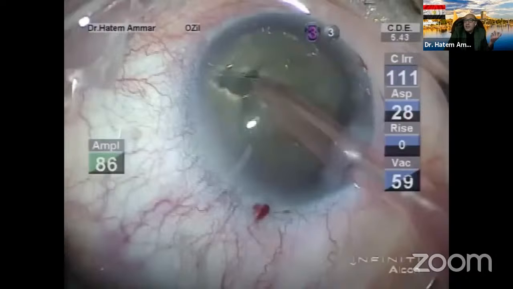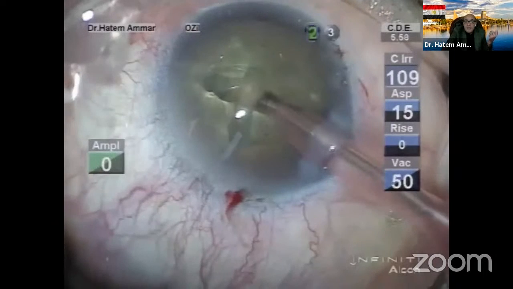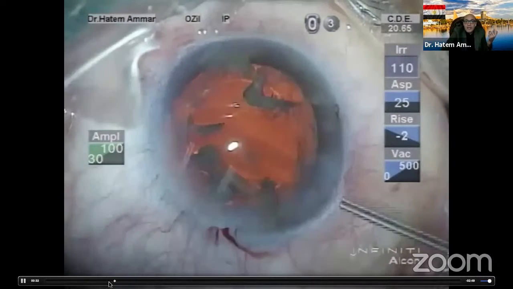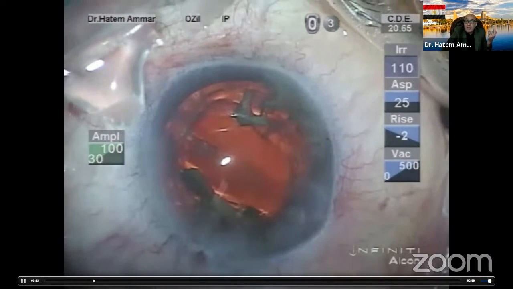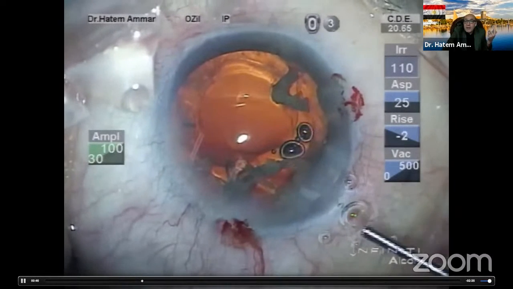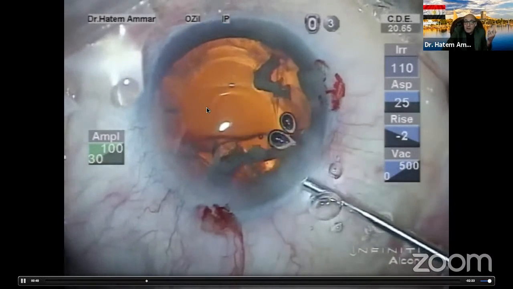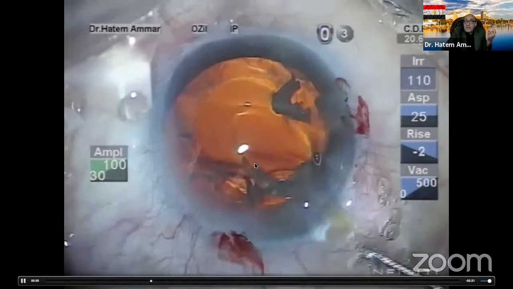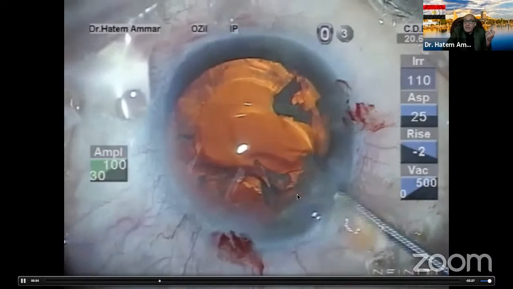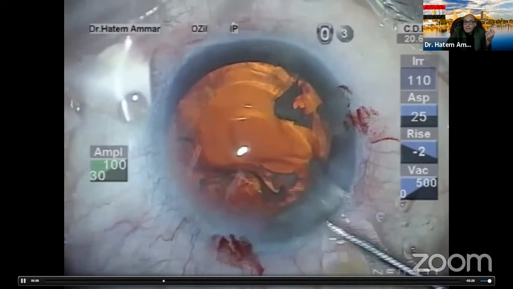Anytime after nuclear division, sometimes like this, after dividing the nucleus and removing many quadrants, you'll find a ruptured posterior capsule. Inject dispersive OVD, and remove all particles by visco-expression. There is a large opening in the center. Use visco-expression to deliver any small particles of the nucleus outside slowly.